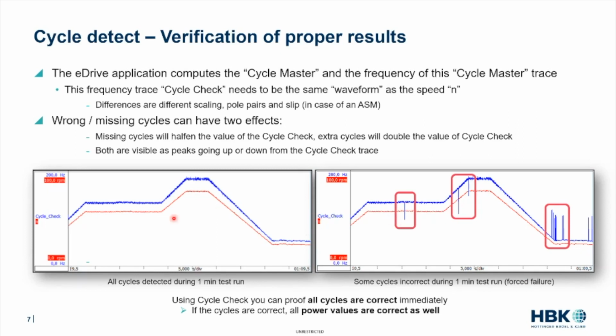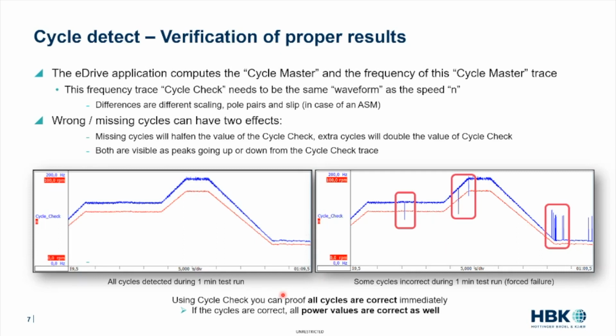So the left picture shows everything is okay during a 1 minute run-up. Every single cycle is detected. The right picture indicates there were a few cycles missed and a few extra cycles detected.